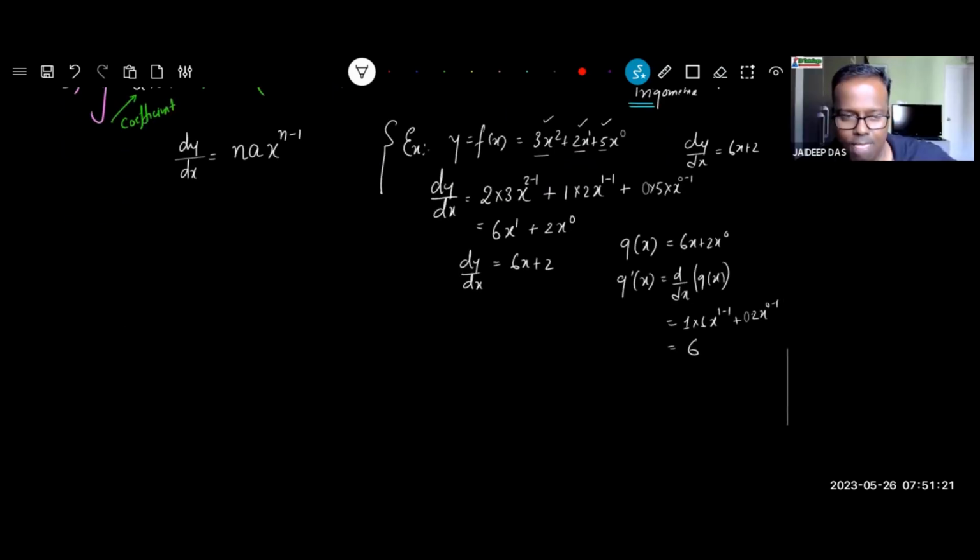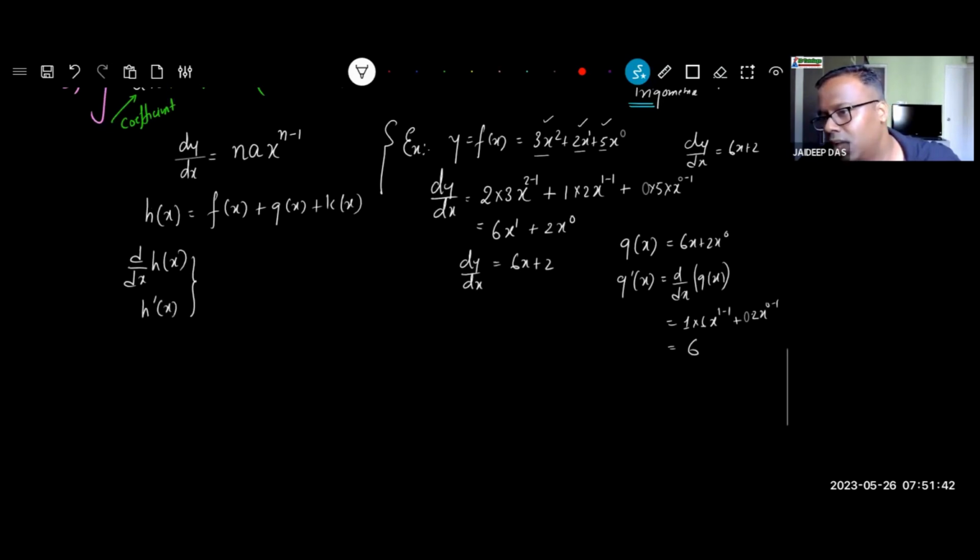Did you get it? And hang on. If you ever get a function h(x), which is a combination of functions like f(x) plus g(x) plus k(x), then d by dx of h(x), which is nothing but h dash x, can be found by finding the derivatives of each of the functions individually.